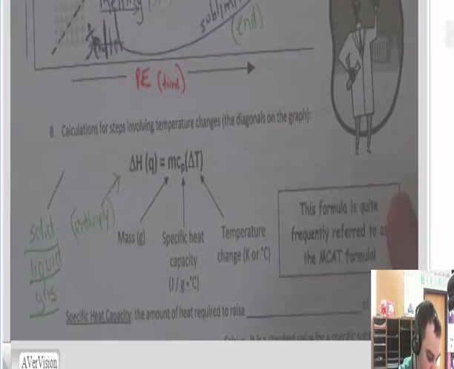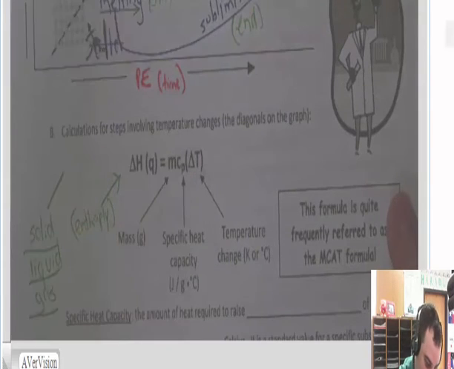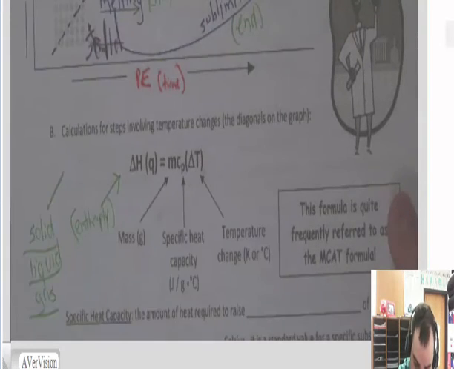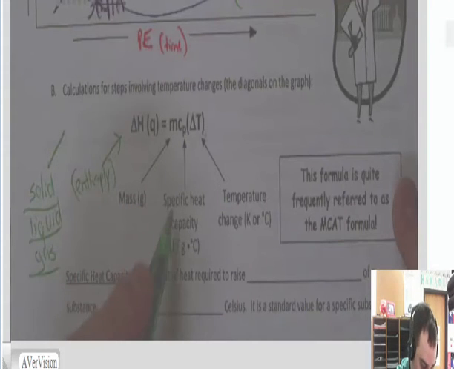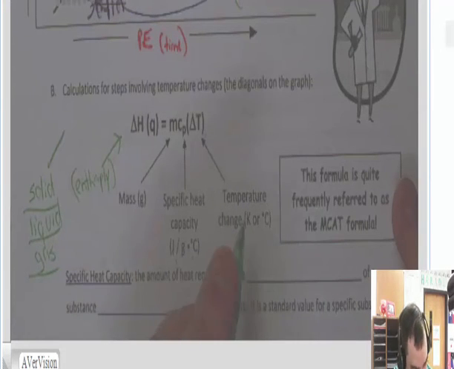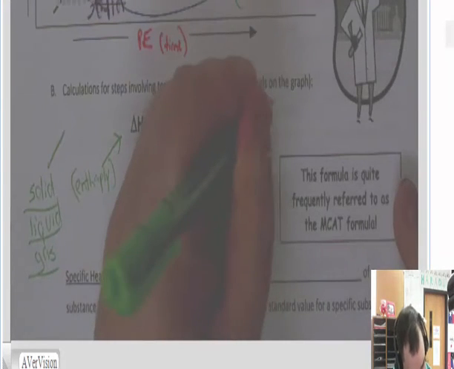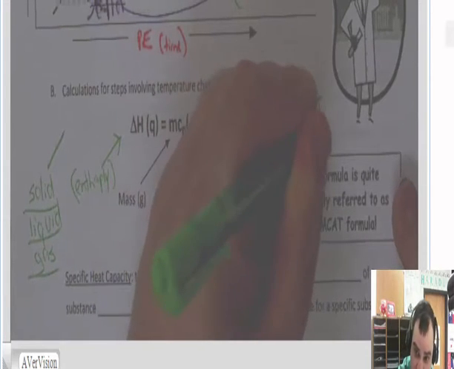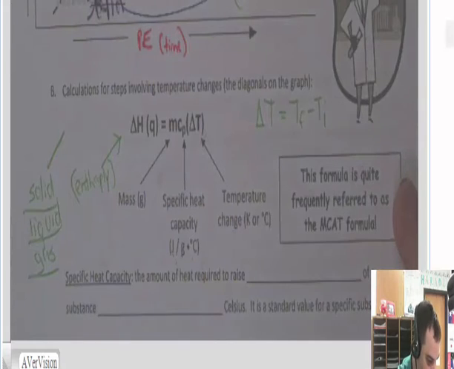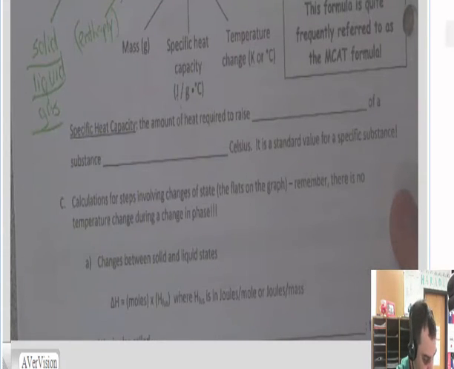Later in physics, you'll learn that work and enthalpy are related. So you're going to have the mass in grams, the specific heat capacity, which is joules per gram degree Celsius, and the temperature change in degrees Celsius. Remember, temperature change is equal to T final minus T initial. It's always final minus initial when you're doing those kinds of equations.